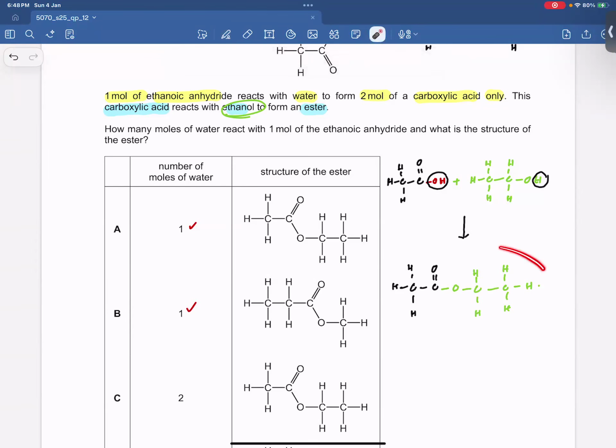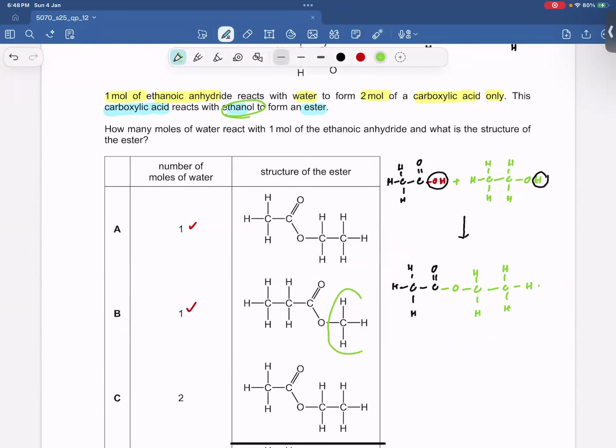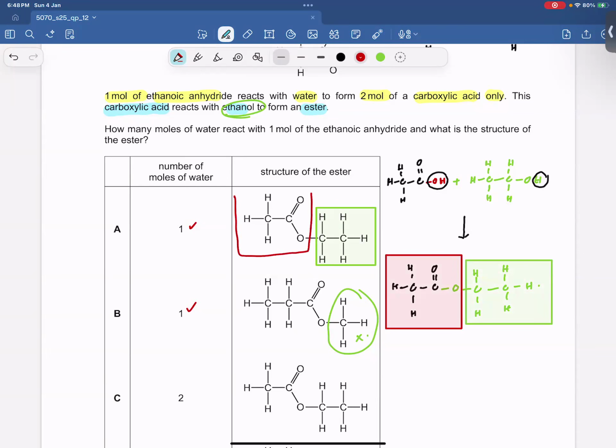Now let's check which structure is given in the options. This is ethyl, it's not here, it's not here. This is not ethyl, this is only 1 carbon atom. We have 2 carbon atoms here, and we have this whole group of ethanoate.